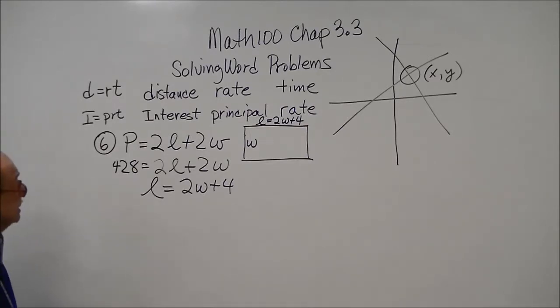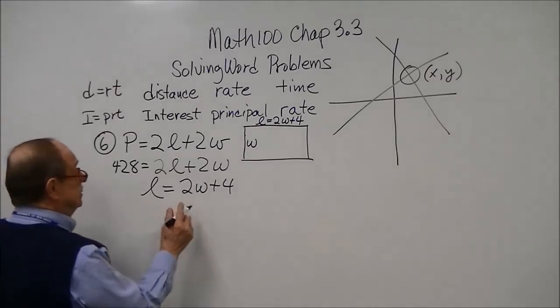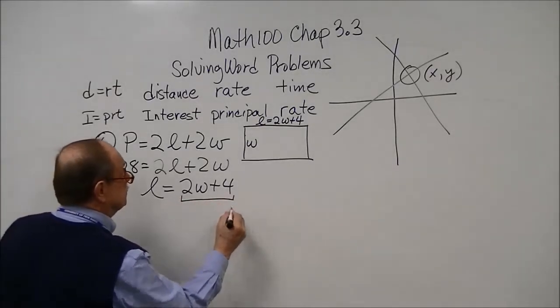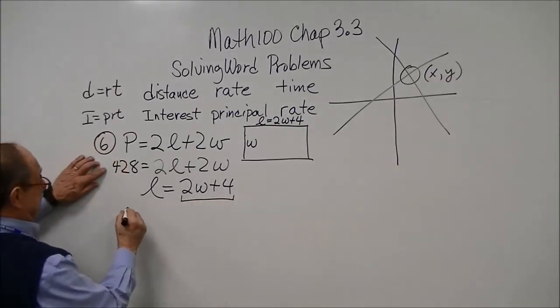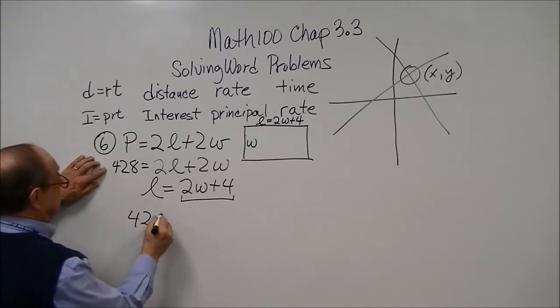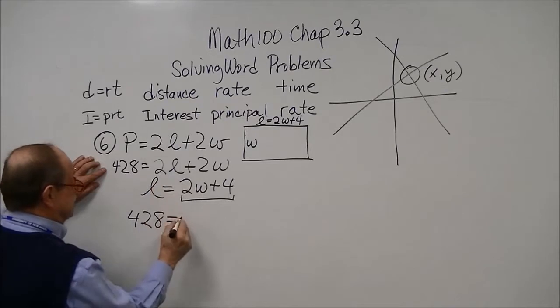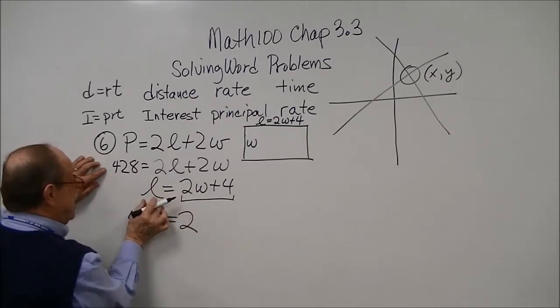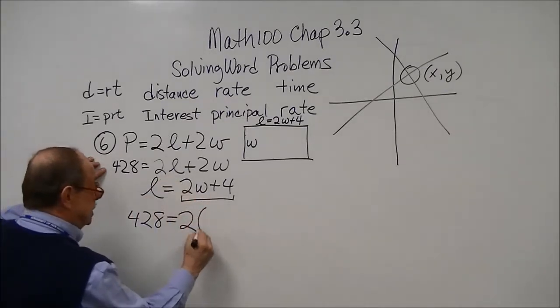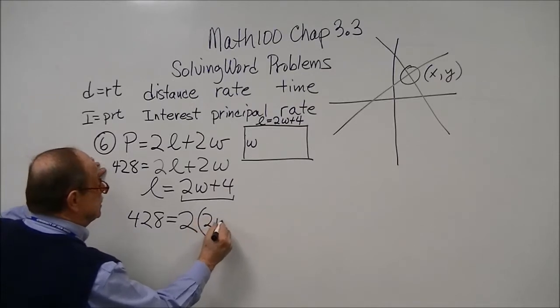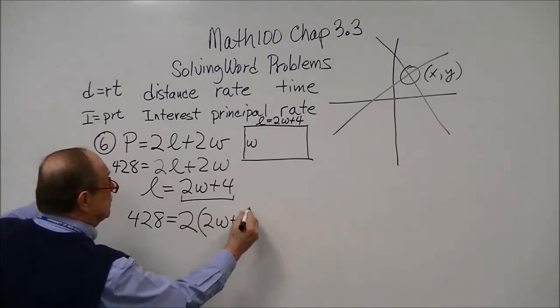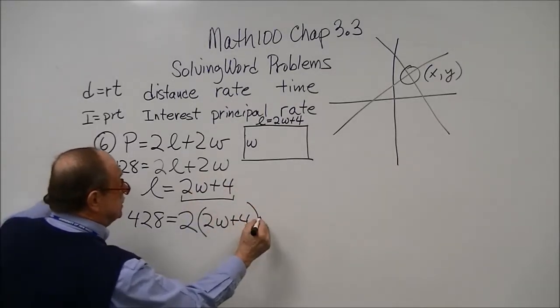And the answer is we can use substitution here. So let's do that. 428 equals 2 times, and now our L is, put it in parentheses, 2w plus 4, and then our other 2w.